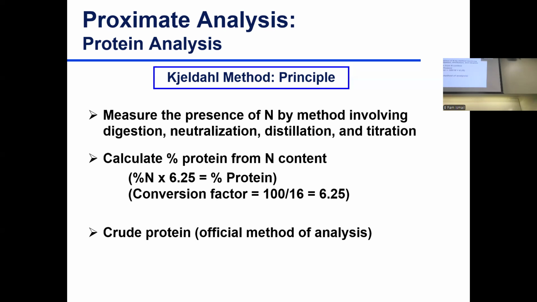Wheat gluten is 5.7. So why is that? Why is the conversion factor different for cheese? There are different amino acids in the protein. And do you know which are the 3 basic amino acids among your 22 amino acids? What are the 3 basic amino acids that you learned?